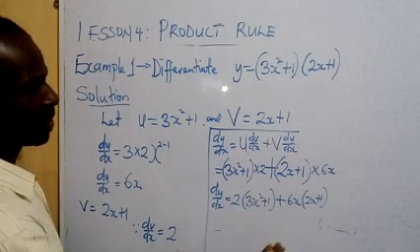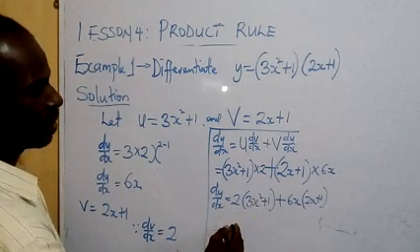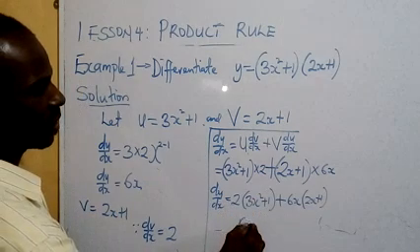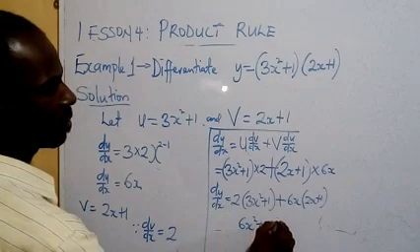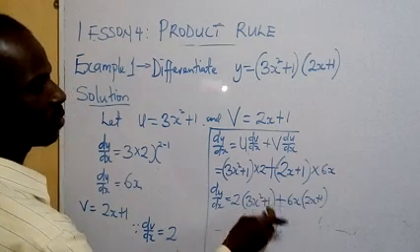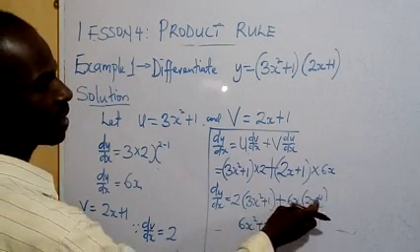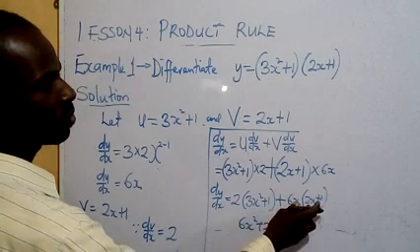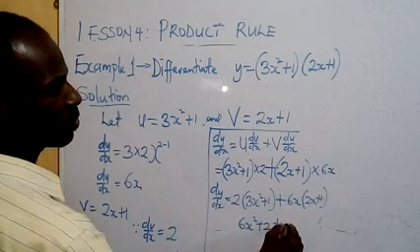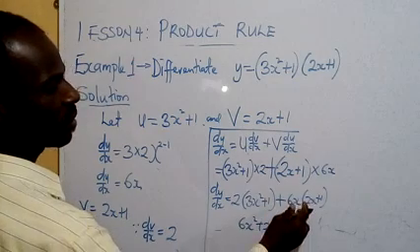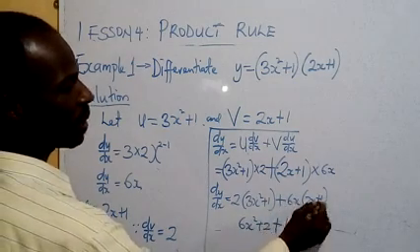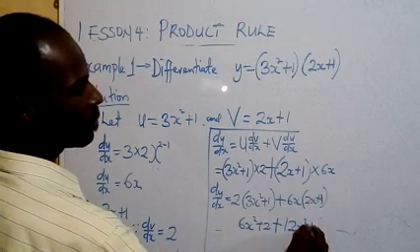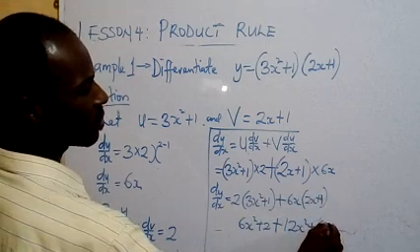At this stage, you can simplify. 2 times 3, you have 6x squared, plus 2 times 1, I give you 2. 6x times this, you have 6 times 2, 12, that is 12x squared. 6x multiplied by 1, add it plus 6x.